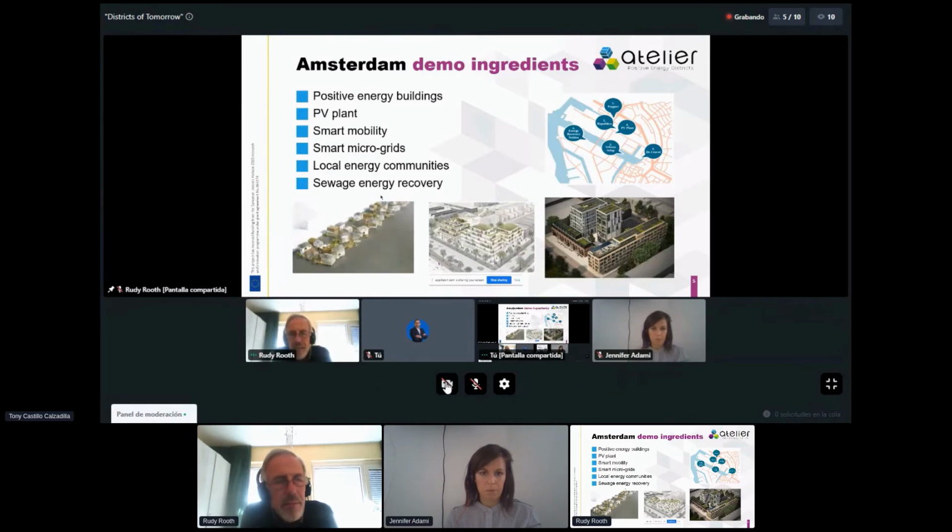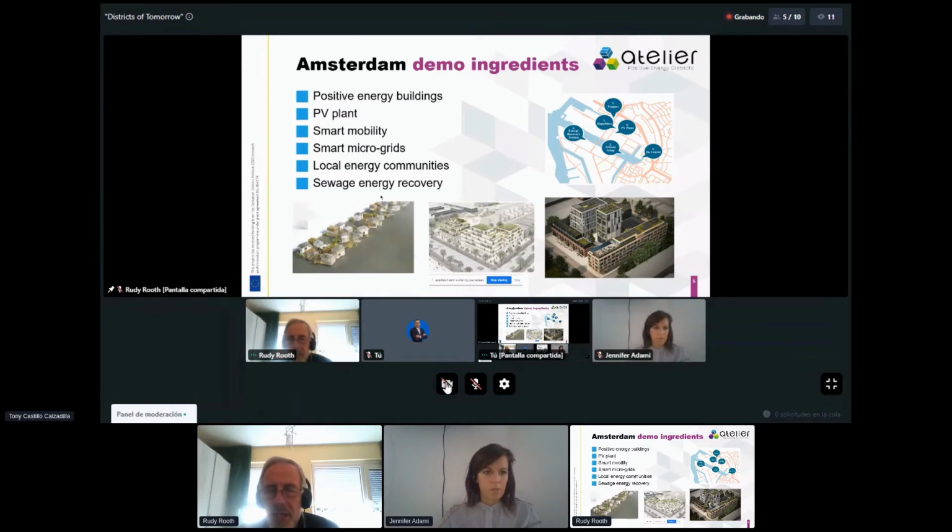Our Amsterdam demo consists of positive energy buildings. They are indicated in the graph on the upper right as being Schoonschip, Republica, and Poppies. 3 building blocks, so to speak. A PV plant for additional renewable energy in the area.